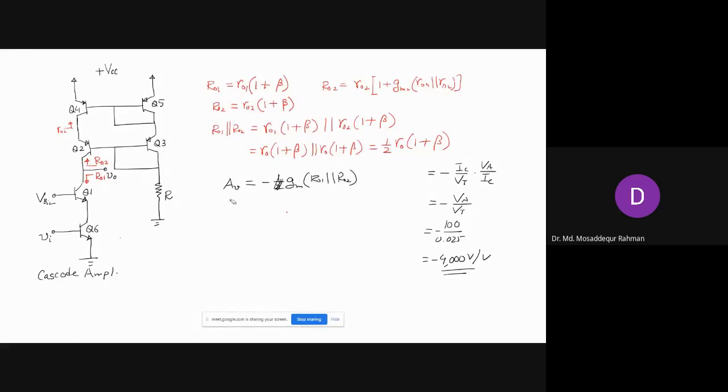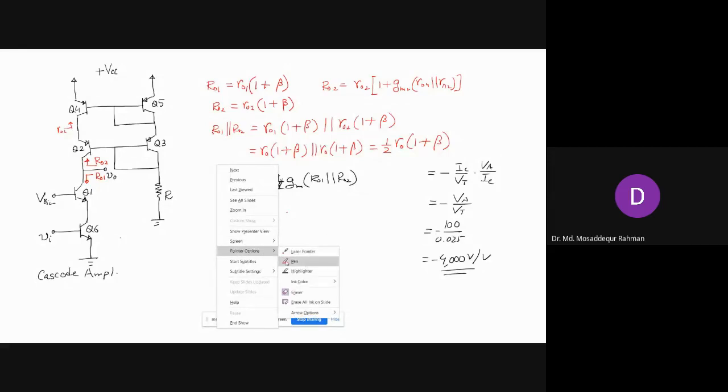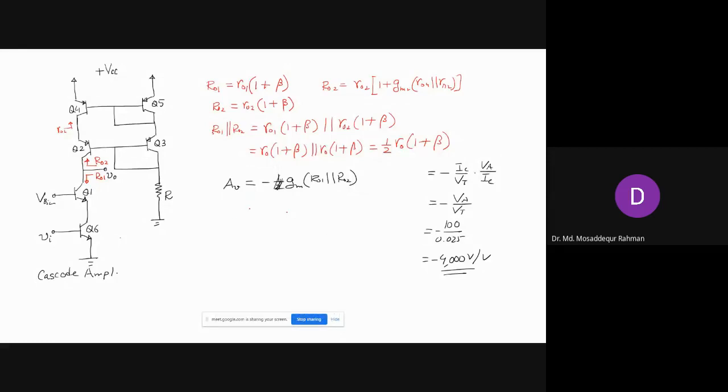Okay, so when you take the parallel combination, that is half R0 times 1 plus beta, and so we get minus half gm R0 times 1 plus beta.